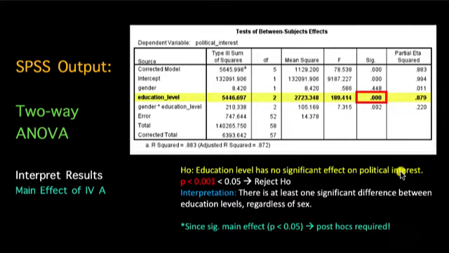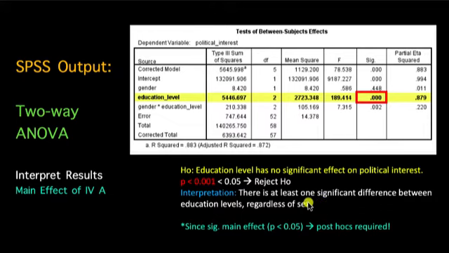Right? So we're looking at education level independent from gender. Another way that we could interpret this is that there is at least one significant difference between education levels regardless of sex. You could also say education level has a significant effect on political interest regardless of sex.